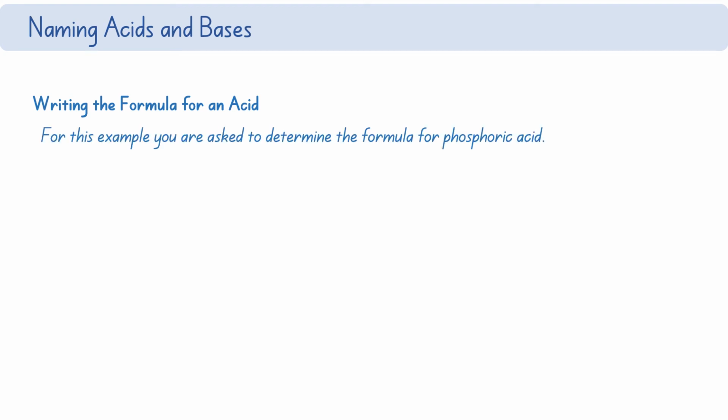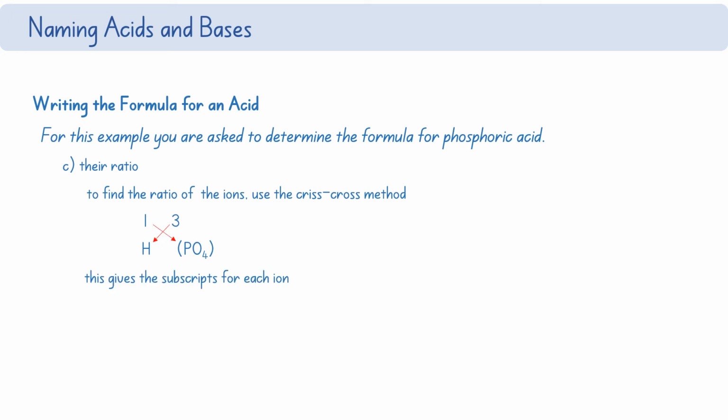For this example, you are asked to determine the formula for phosphoric acid, continued from a previous slide. To find the ratio of the ions, use the crisscross method. So we know that hydrogen is 1, PO4, phosphate, is 3. So we're going to use the crisscross method, and this gives us the subscripts for each ion: H3, PO4, 1.